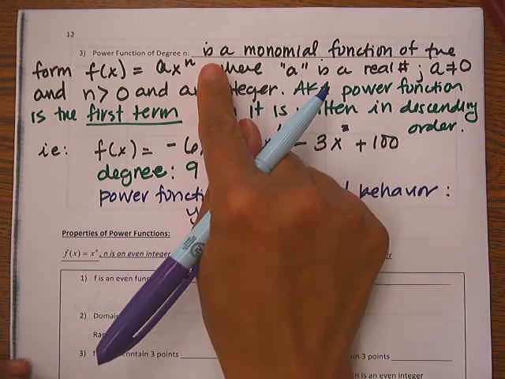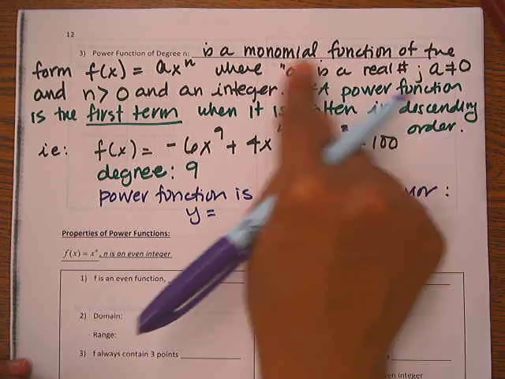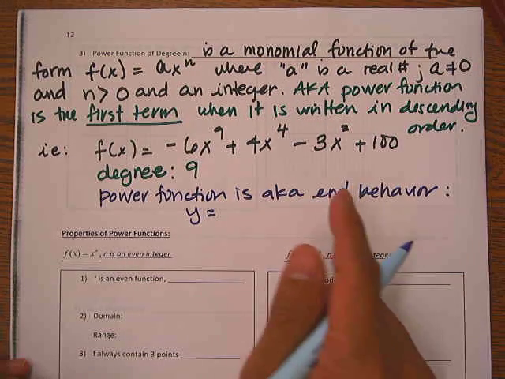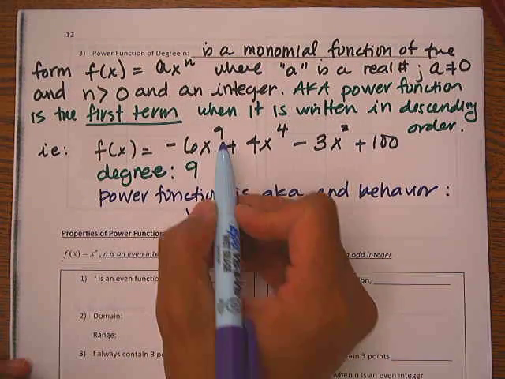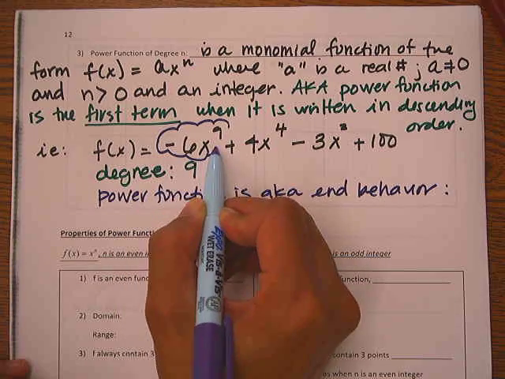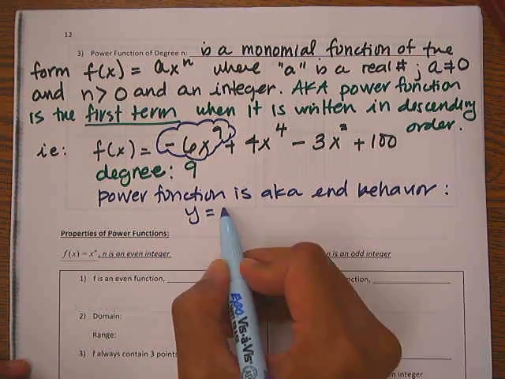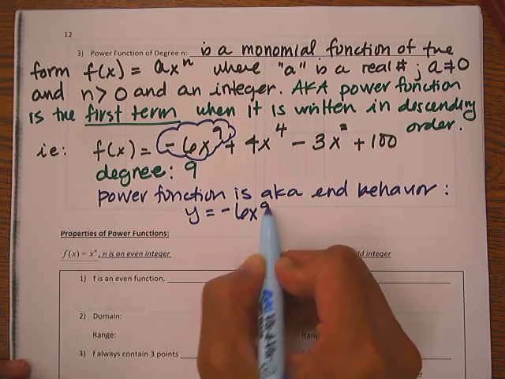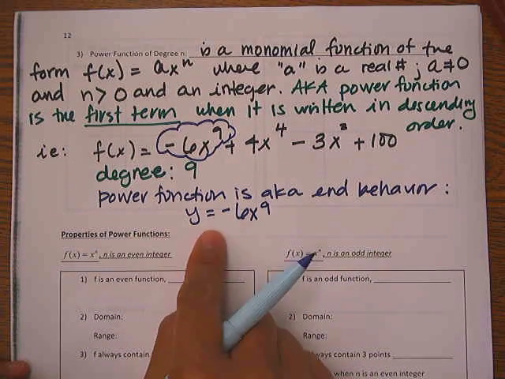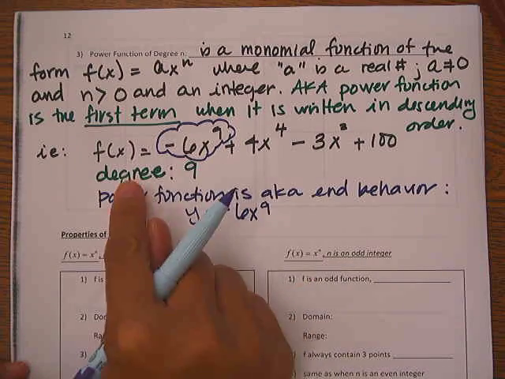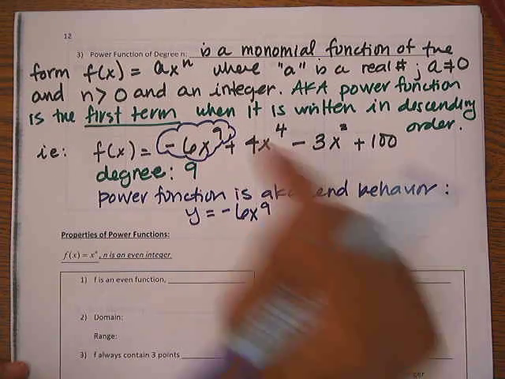Okay, and it says it's a monomial function. That means I have one term. Okay, so one term, and the largest term, the first term when it's already in descending order is simply negative 6x to the 9th. Okay, so the power function is when you take the entire term. The degree is only when you are taking the exponent.